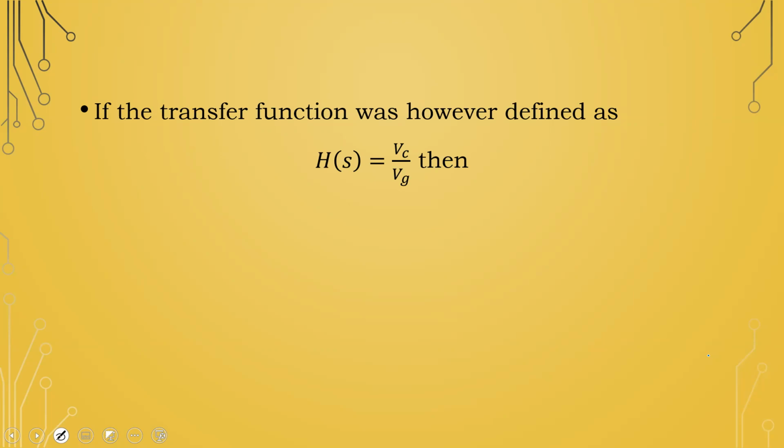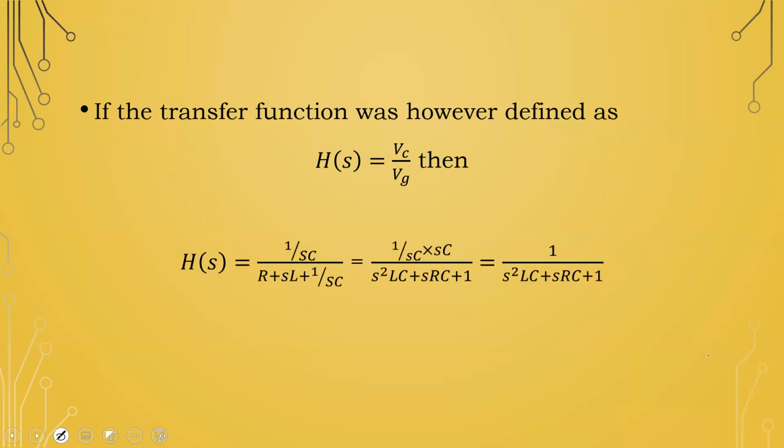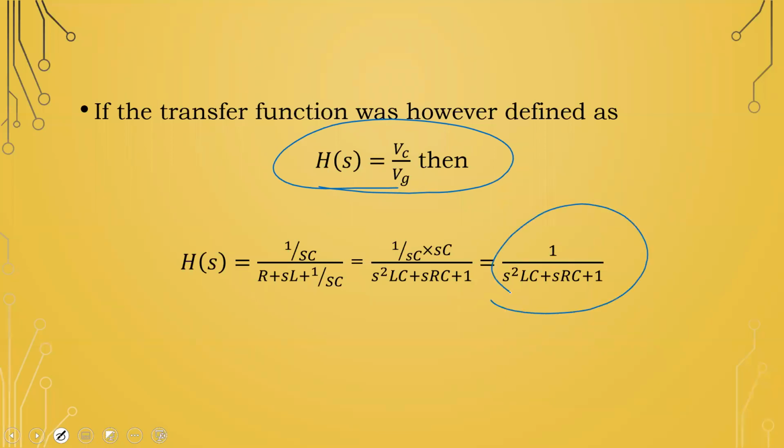Where we said that V was equal to IZ, so I would be equal to V over Z. Good? So if I know that current, then I can find VC, because VC is just multiplying 1 over SC by that. And so if this is how we defined our transfer function, then H of S would have been equal to that.